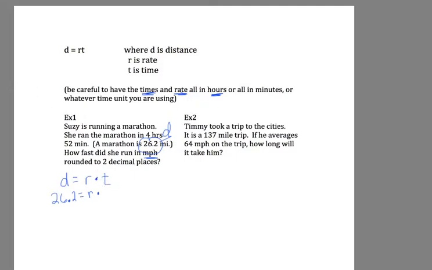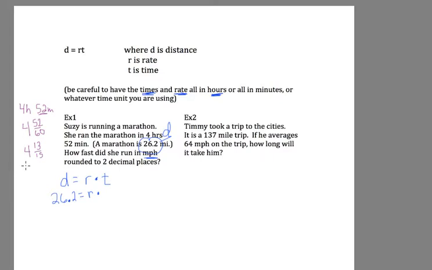Let's go up here and think about this one a little bit. If we have 4 hours, 52 minutes, 52 minutes into hours would be 4 hours and 52 sixtieths of an hour, 52 minutes out of 60 minutes in an hour. To reduce that, divide both top and bottom by 4, and you'd get 13 fifteenths. 4 and 13 fifteenths.